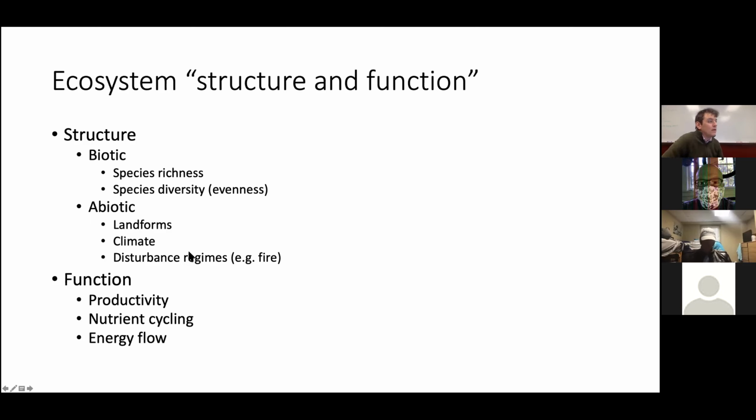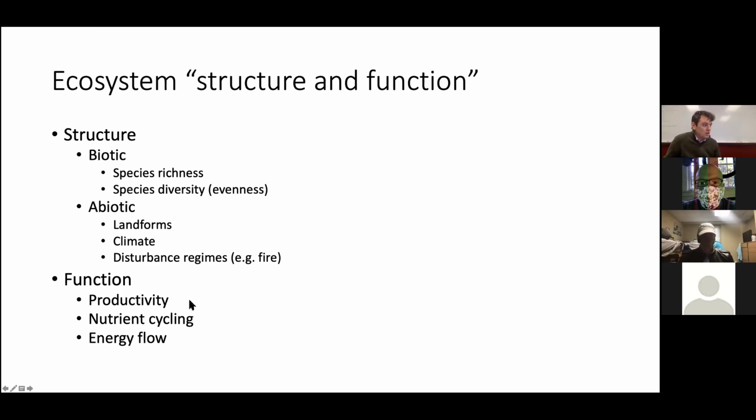And then there are abiotic disturbances, which we'll talk about on Wednesday. In this case, we're going to focus mostly on fire. So anything that's not living, but that influences the types of species and their abundances in a community. So all the things that make an ecosystem look the way it does, basically.